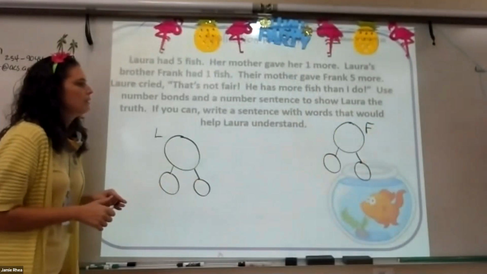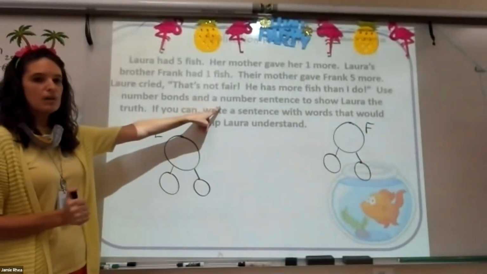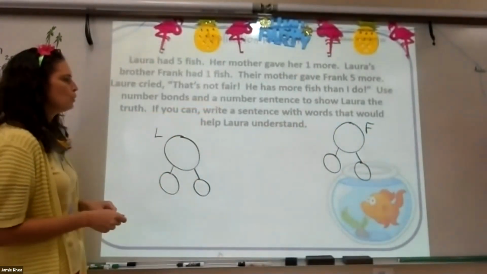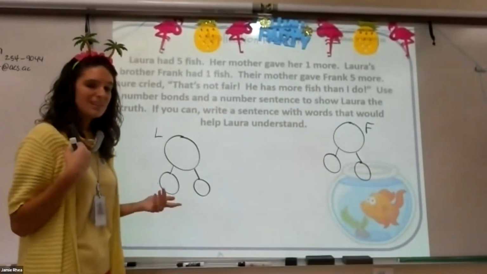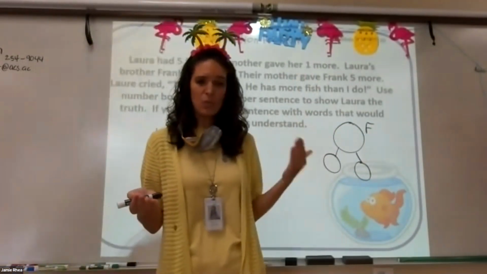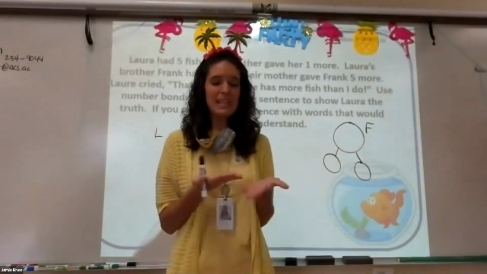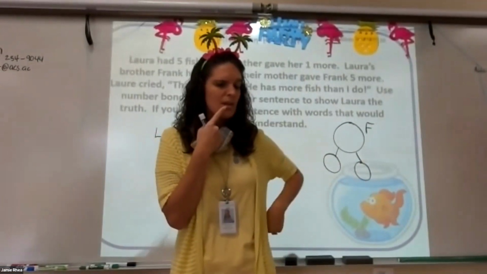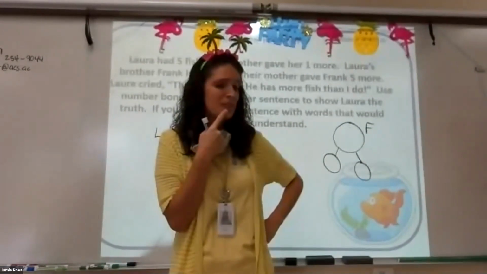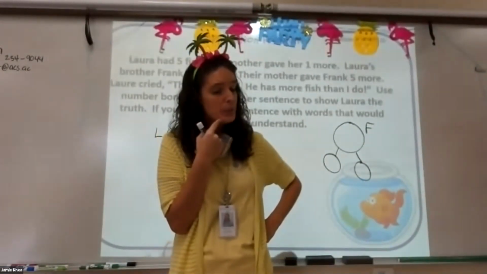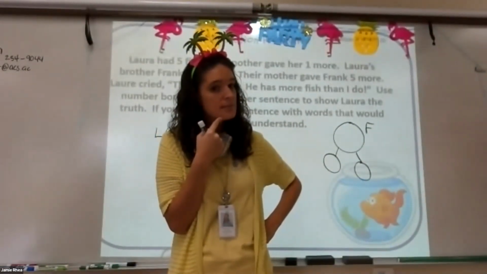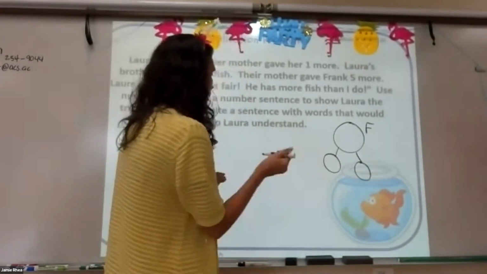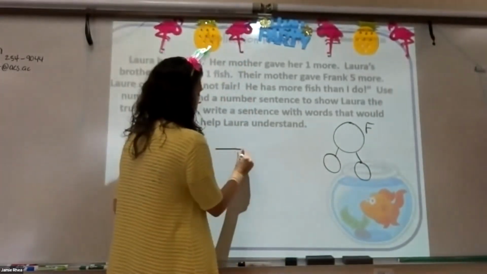It also says we have to write a number sentence to show Laura the truth. Now we're going to see if Laura or Frank have more or if they're equal. So, could we show it with a number sentence showing a true number sentence? Yes, we can. So my number sentence is going to look like this today.